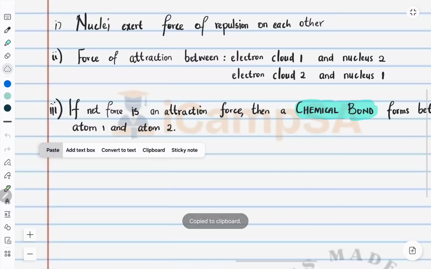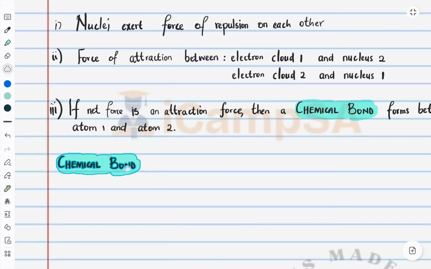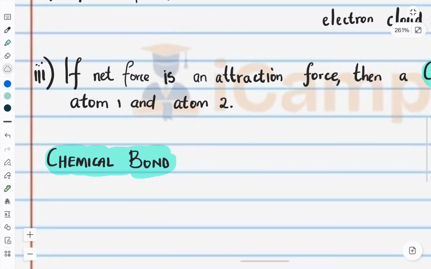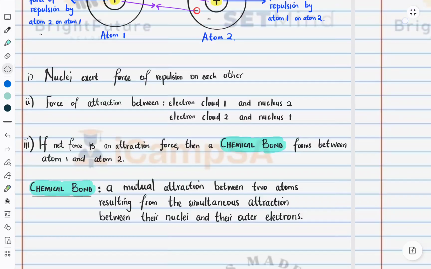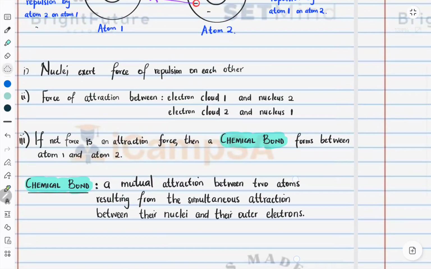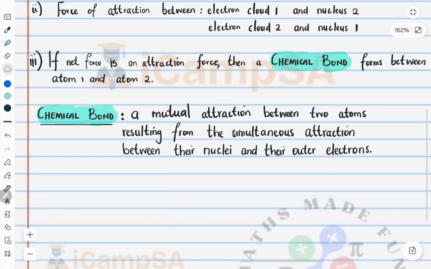So that's why I was saying every step I've outlined here is describing the chemical bond and what it is, right? And that's how we define our chemical bond.